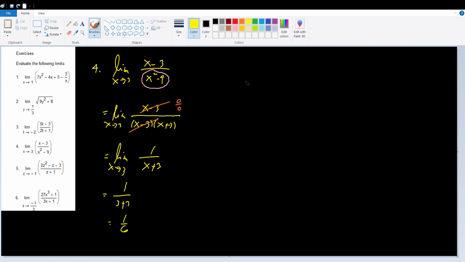Okay? So how about in number 5? The limit of 2c squared minus c minus 3 all over c plus 1 as c approaches negative 1. If we are to apply the substitution method, what do we get? 2 times negative 1 squared minus negative 1 minus 3 all over negative 1 plus 1.